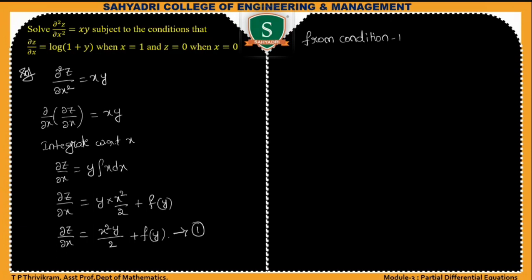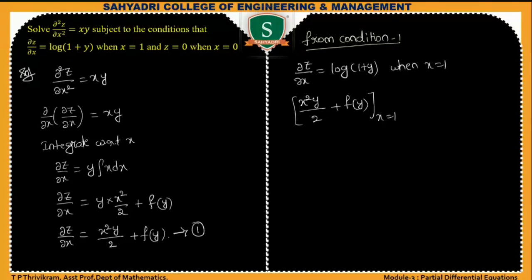What happens? Let us find f of y. Dou z by dou x is equal to log of 1 plus y when x equal to 1. So from this, x square y divided by 2 plus f of y at x equal to 1 is equal to log of 1 plus y.